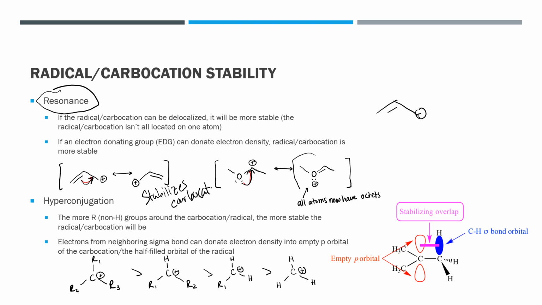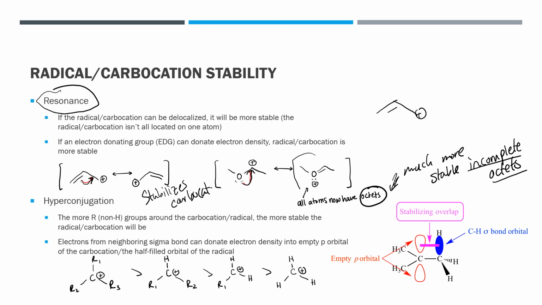And now we have all atoms having octets, right? If we have all atoms having octets, this is much more stable than a carbocation with incomplete octets. When we have octets, stuff is generally more happy.